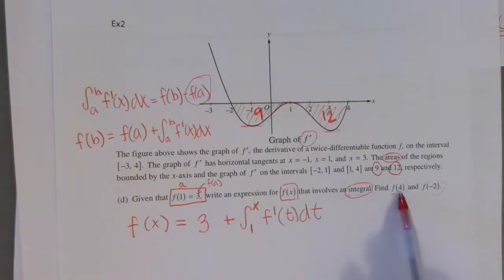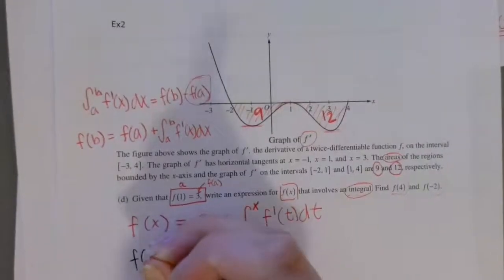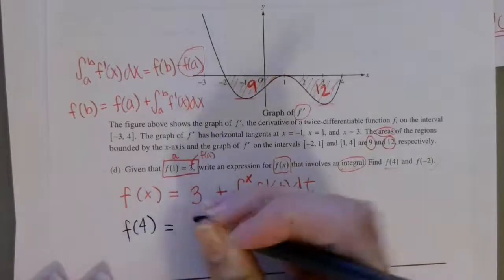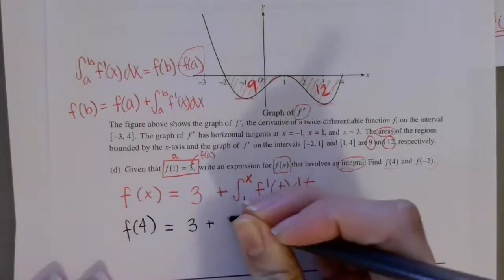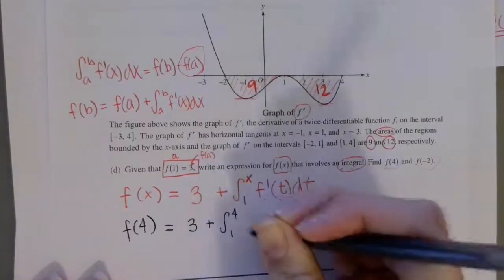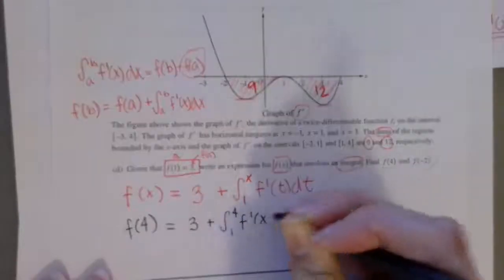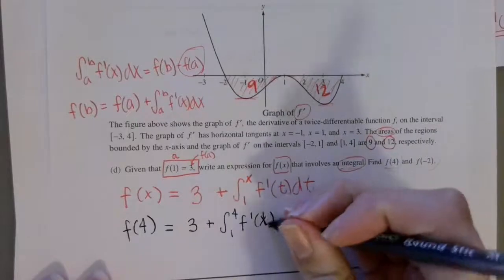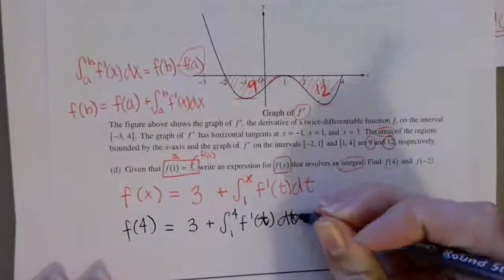Now I have to find f of 4 and f of -2. Okay, so f of 4. Everywhere I see x, I will be plugging in 4. So f of 4 equals 3 plus the integral from 1 to 4 of f prime of x dx, or f prime of t dt. It doesn't matter, it's a dummy.